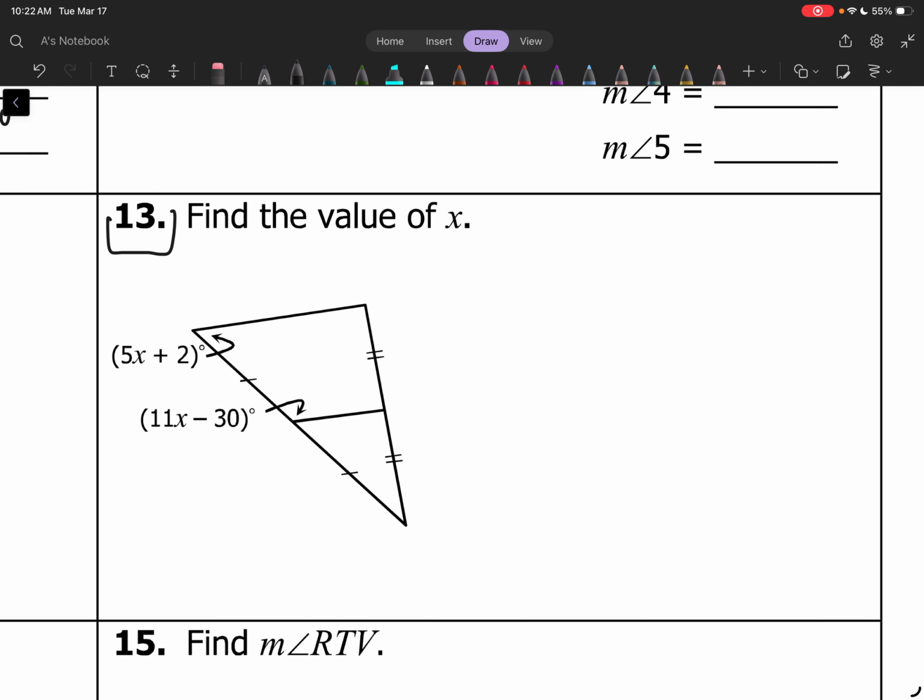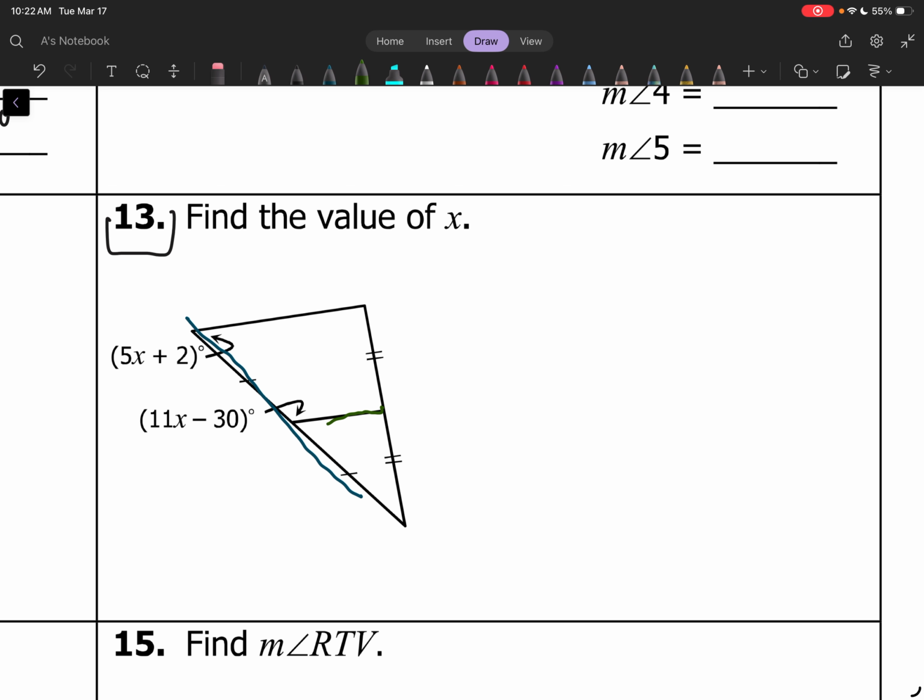The reason why I say that, in this triangle, black is not going to work there. I have this transversal. I have these parallel lines.